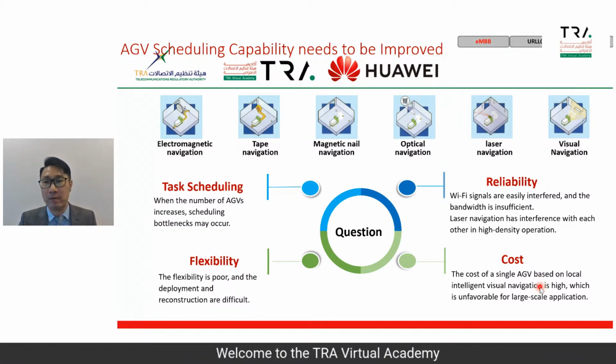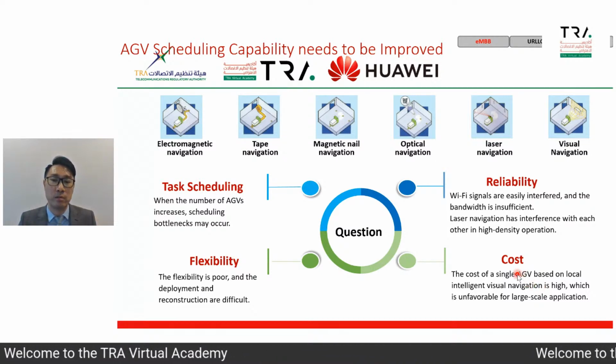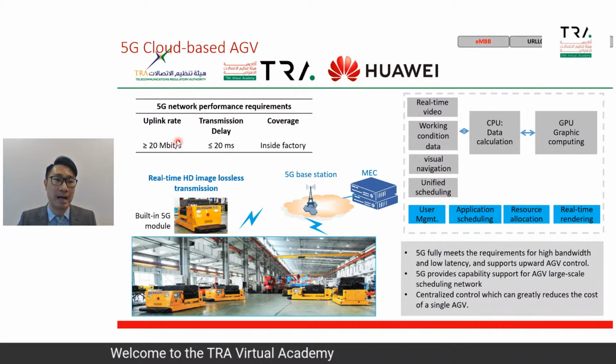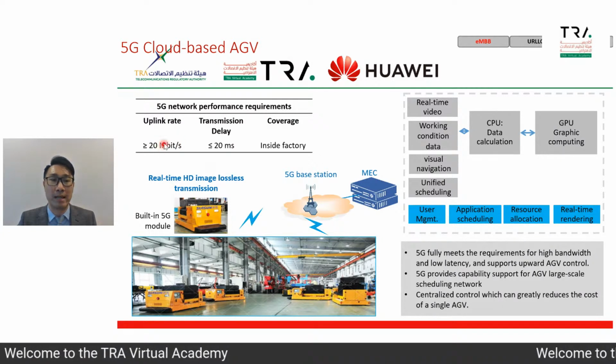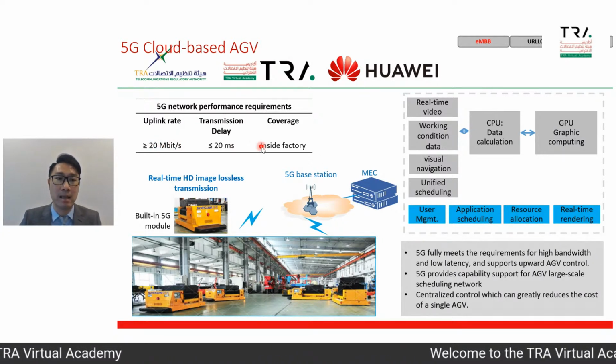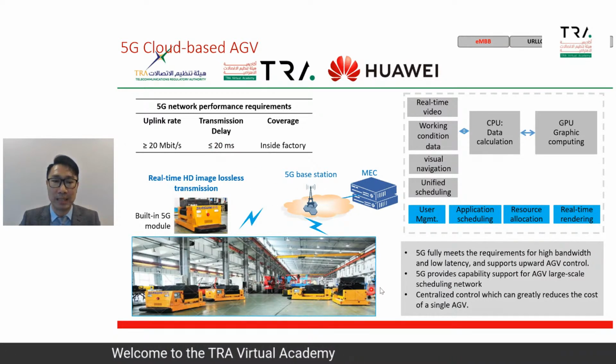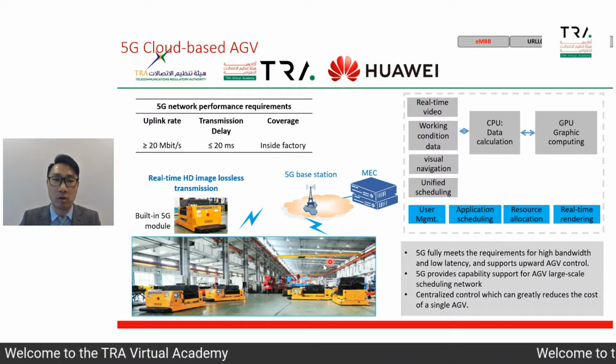Everything will be processed at the server, and this can reduce the cost for a single AGV. The connection needed by a single AGV is more than 20 megabit per second and a delay of less than 20 milliseconds. So this would be the benefit of having 5G connections to control the AGV.